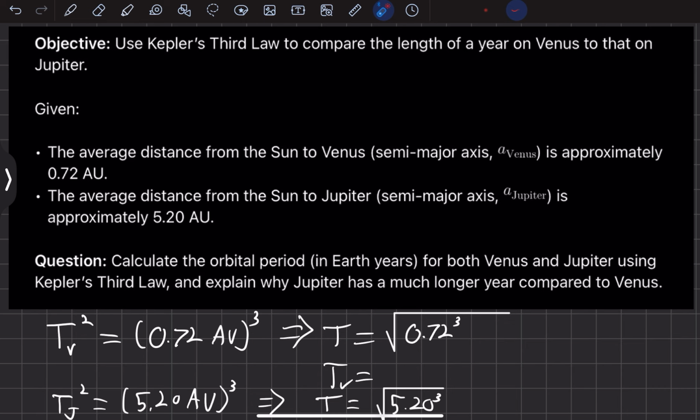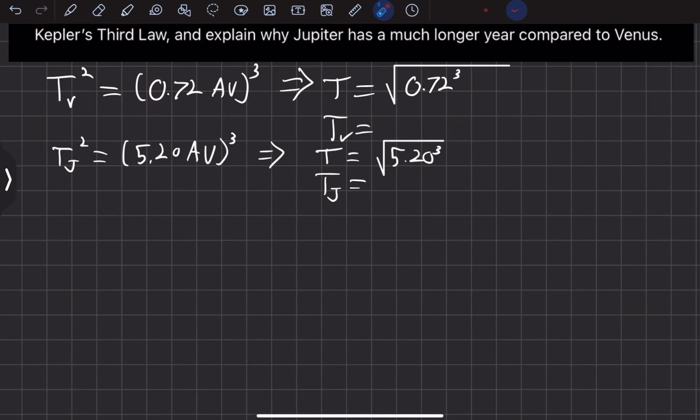And the question we're going to try to figure out is: calculate the orbital period in Earth years for both Venus and Jupiter using Kepler's third law, and explain why Jupiter has a much longer year compared to that of Venus. We start with the simplified Kepler's third law expression, where we're measuring astronomical units and Earth years.